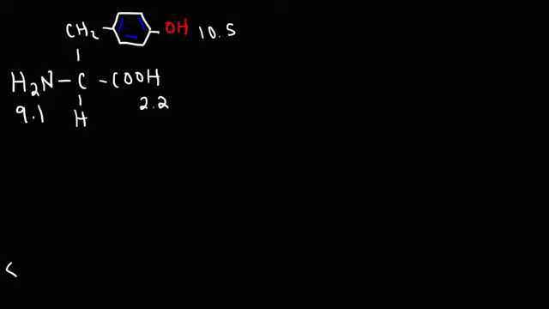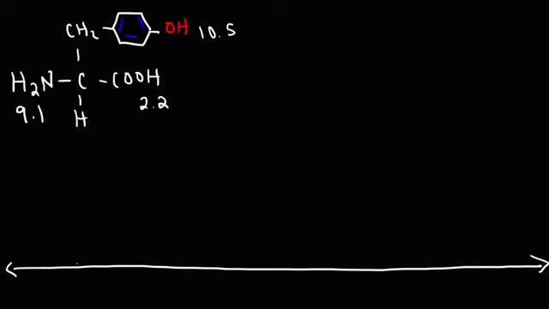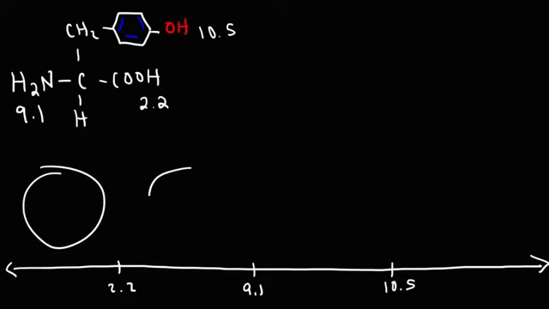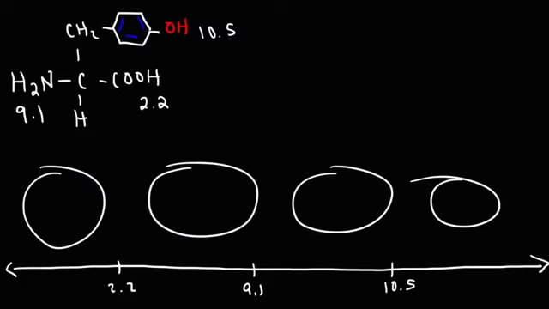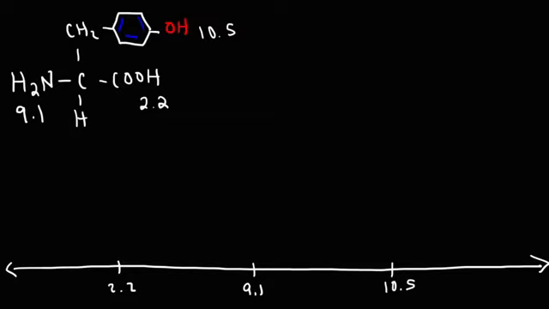So let's begin with a number line. We're going to have 2.2, 9.1, and 10.5. So there are 4 structures to draw. 1, 2, 3, 4. Starting with the first one, everything is going to be protonated.